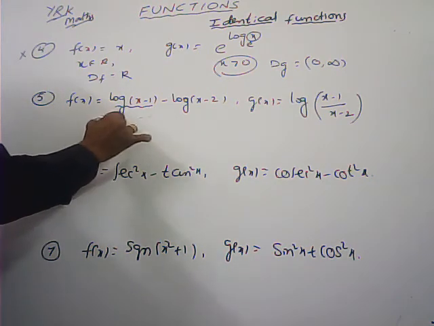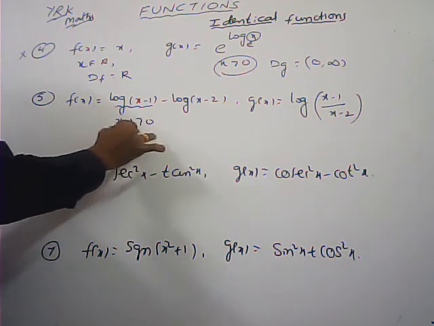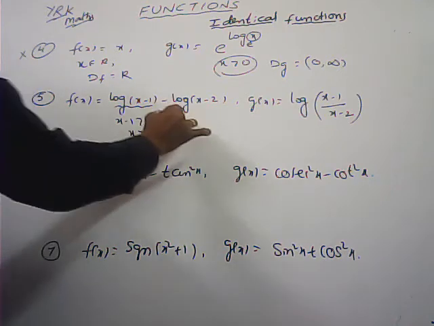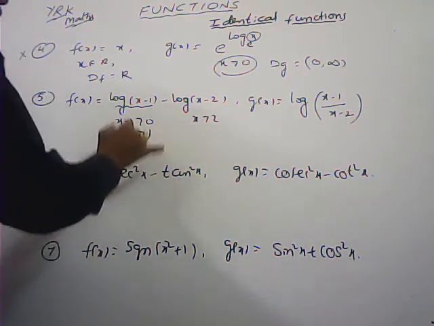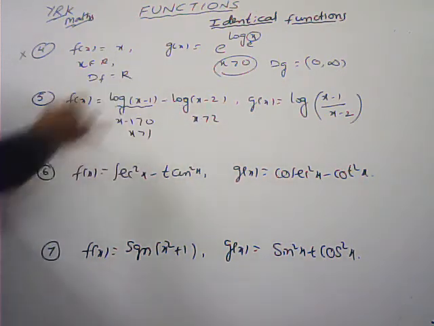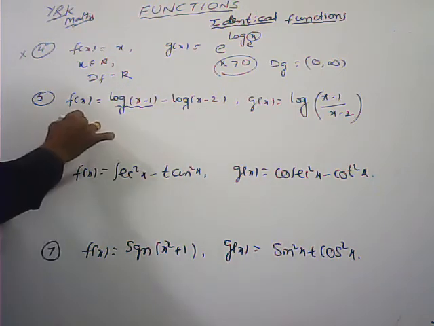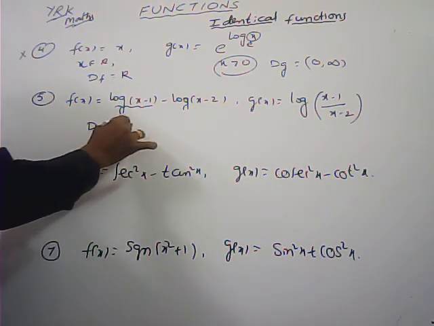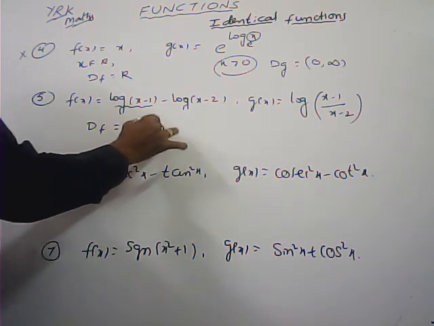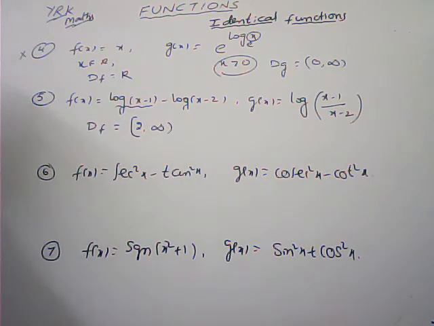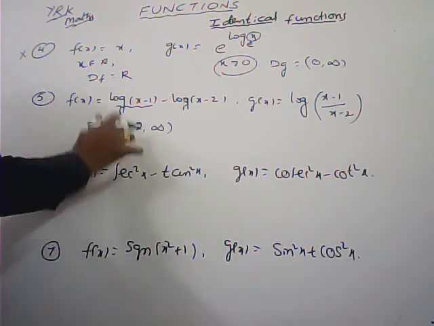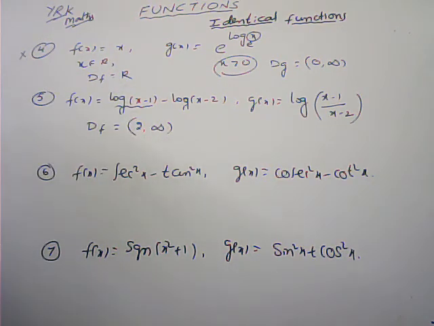Here x minus 1 should be more than 0, so x is more than 1, and here x is more than 2. What are the common values satisfying both the terms? x is more than 2. So the domain of f is 2 to infinity, both sides open interval.